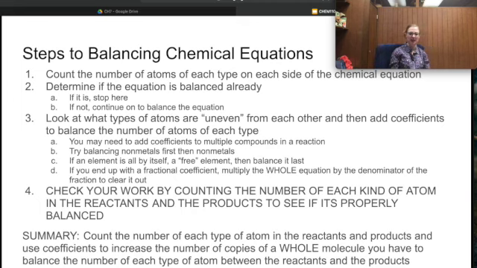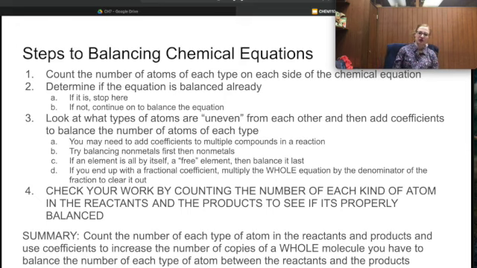So we'll get lots of practice in on this. You may need to add multiple coefficients. You may have a coefficient on one molecule in the reactants, you may have multiple molecules with coefficients, or you may have molecules with no coefficients. So you may have to add more than one coefficient, or just one. Don't be afraid to try to add more than one coefficient.